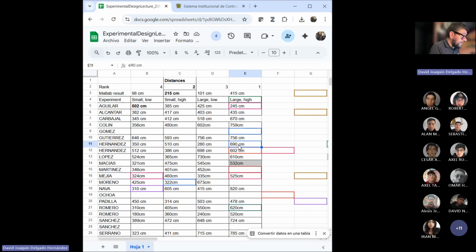Here, for instance, Hernandez has got the first place. Again, this combination, large and high. The second was large and low. The third was small and low. So look how some of you have similar results, right?